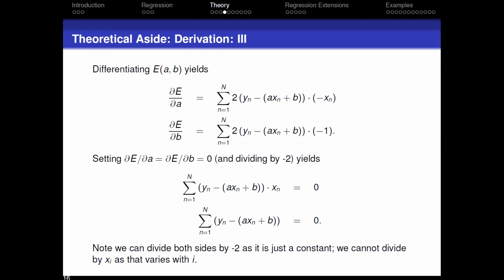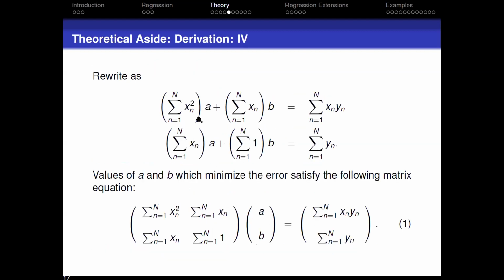It's not indexed. It's only the x's and the y's that are changing. So I can pull a outside of the sum. Now I'll just get this sum times a plus this sum times b is that sum. This is just a number. It's just summing the squares of the x's. If I knew what they were, I would just do that right now. So even though it looks complicated, it's just a number.